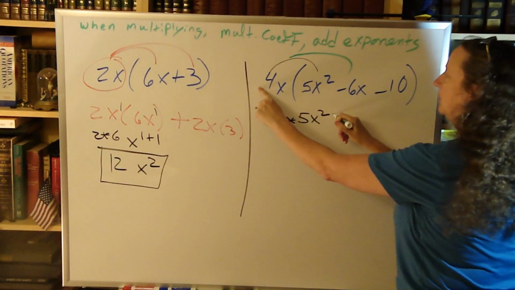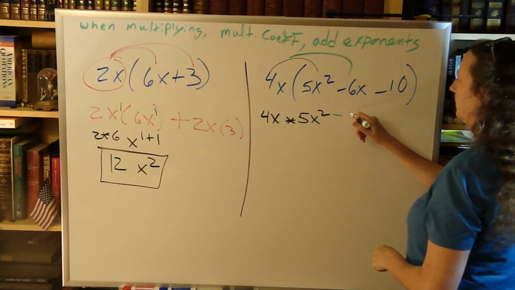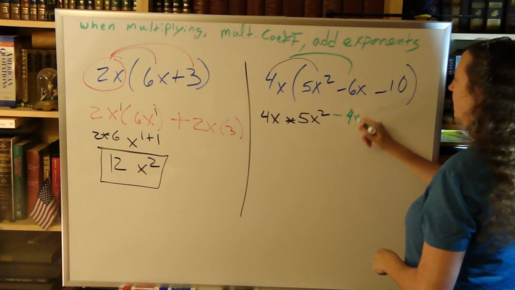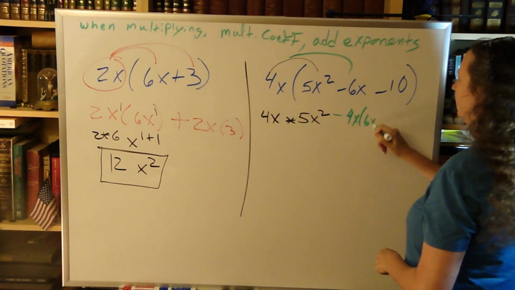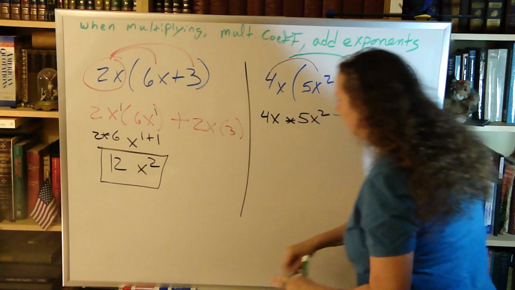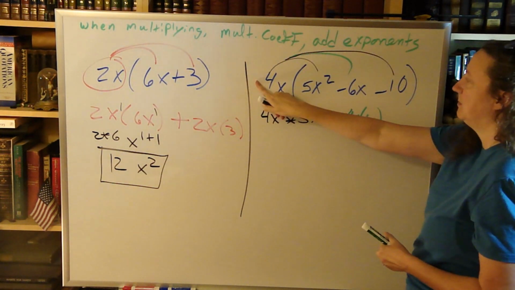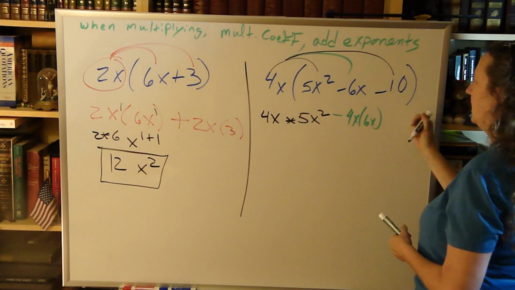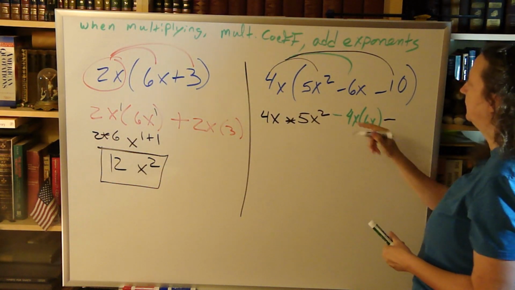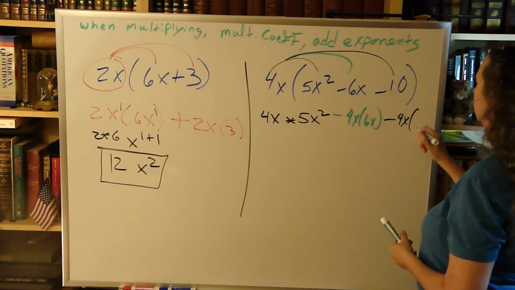That's going to be a minus because I have positive and negative. So minus 4x times 6x. And then I have that last one here. 4x times minus 10. Again, a positive times a minus is going to give me a minus. 4x times 10.